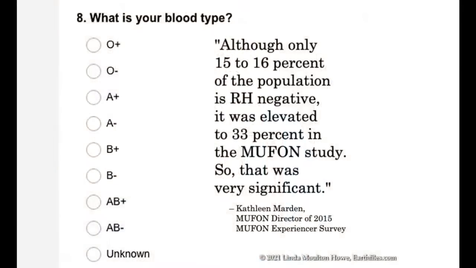The survey was produced by MUFON's experiencer research team, directed by Kathleen Martin, seen here in this photograph, who since 1990 has done meticulous research on the people in the photograph she is holding, her Uncle Betty and Barney Hill, who encountered a UFO in the White Mountains of New Hampshire on the night of September 19th to 20th of 1961. The 8th question in the MUFON questionnaire that she was overseeing: what is your blood type?